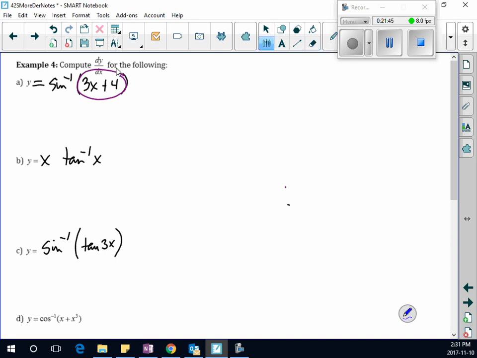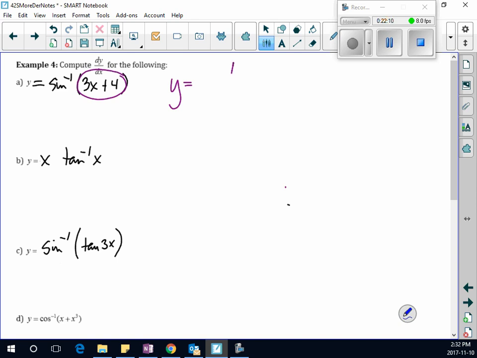So y prime equals, the derivative of inverse sine is 1 over the square root of 1 minus x squared. But because this is a chain rule, it's going to be 1 over the square root of 1 minus u squared times u prime. My u is the 3x plus 4.